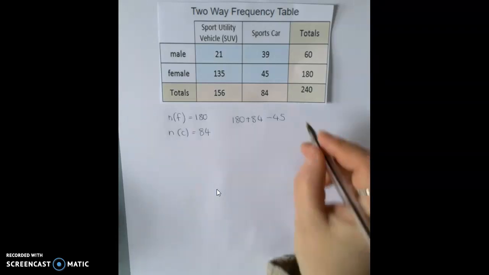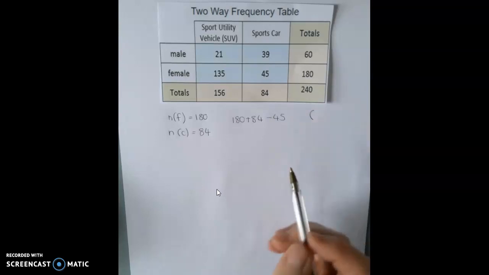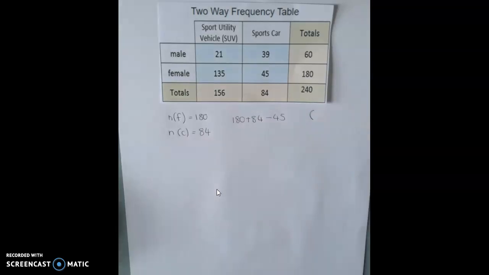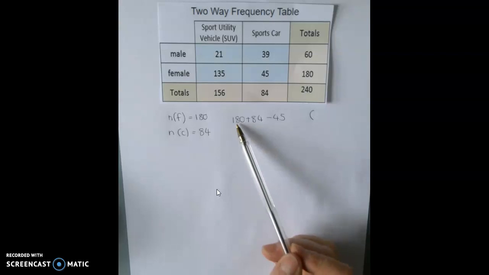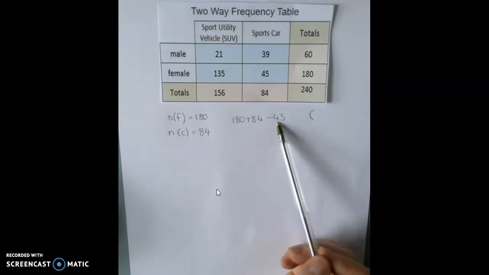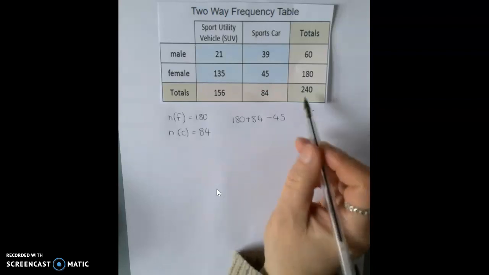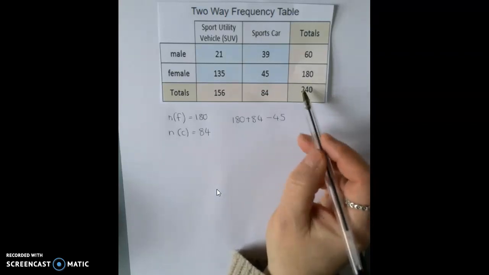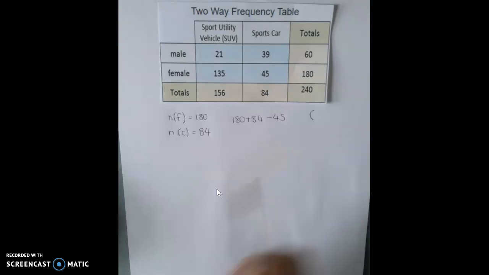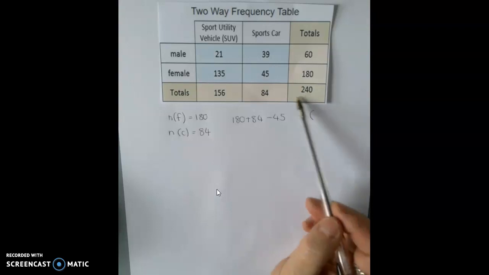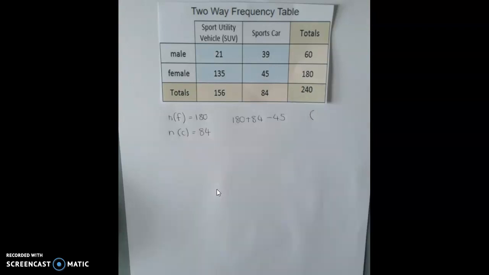Well, just to show you in 2 seconds why that doesn't work, if we actually added 180, 84 and 45 together, then we would get more than 240. So we know that can't possibly be right, because we would get more than the total number of people who were asked in the survey anyway.